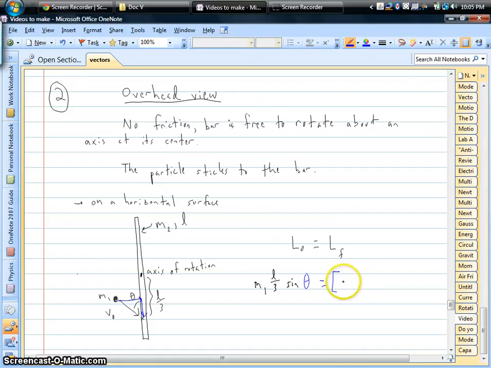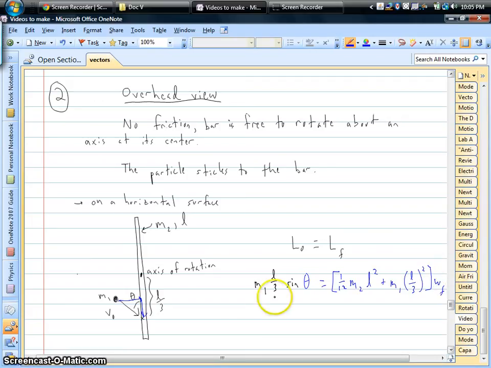Okay, so the inertia of a stick which is rotating around its center is 1/12 its mass, m2, times the total length of the stick squared. The particle's a little point mass. That's going to be m1 times the distance it hits from the axis of rotation, okay, 1/3 the length, squared, times whatever the final speed is.